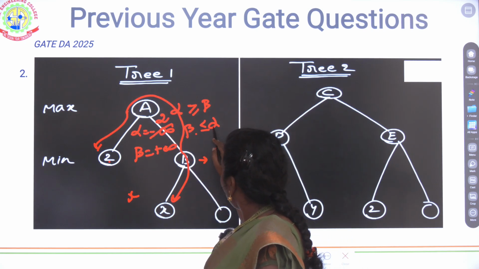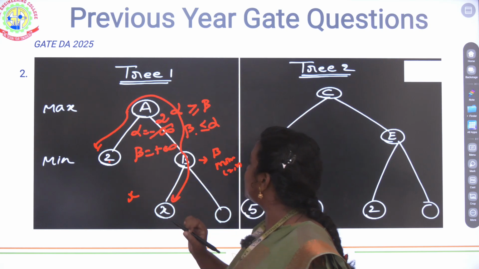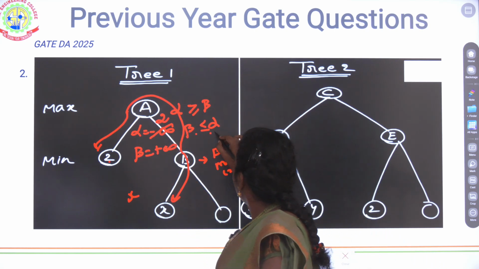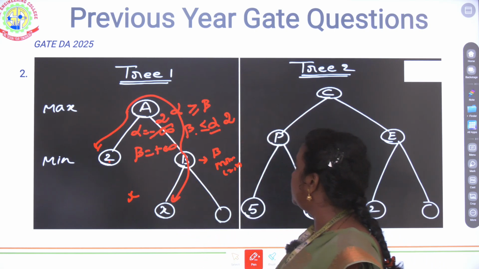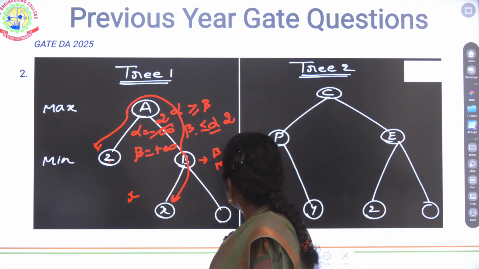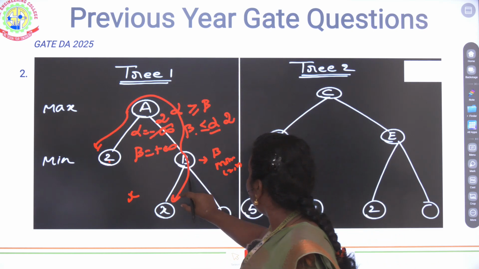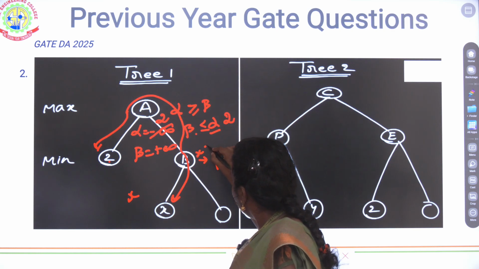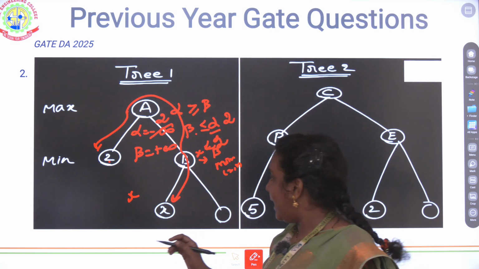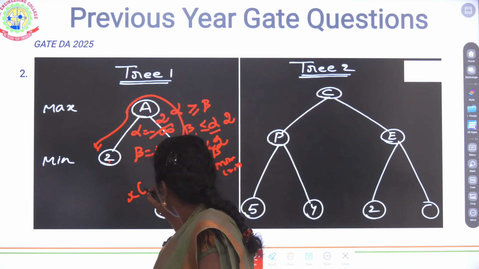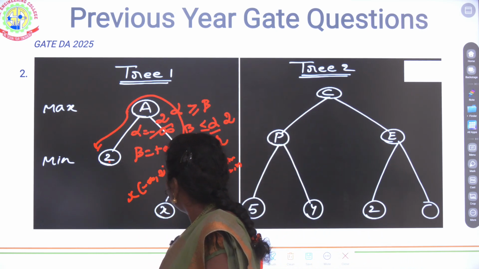Because beta should always be less than or equal to alpha, and alpha is 2, the x value should be less than 2. So x can take values from minus infinity to 2.